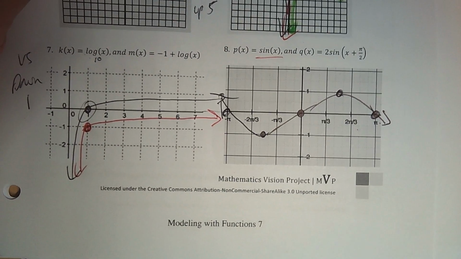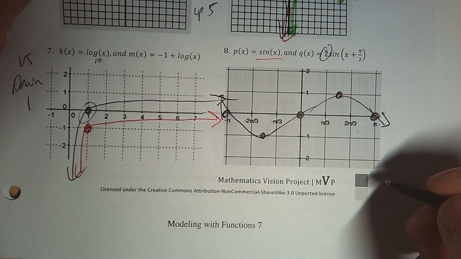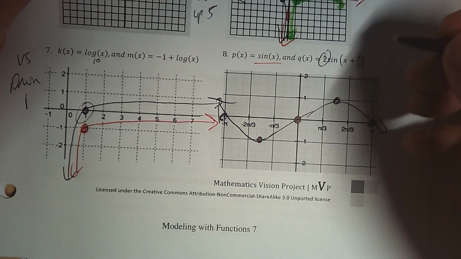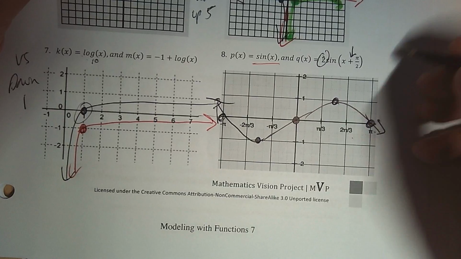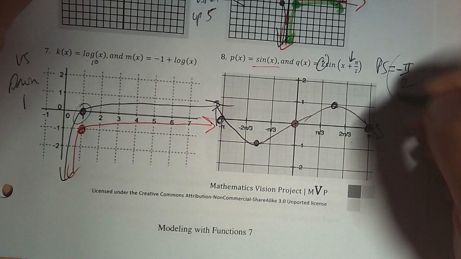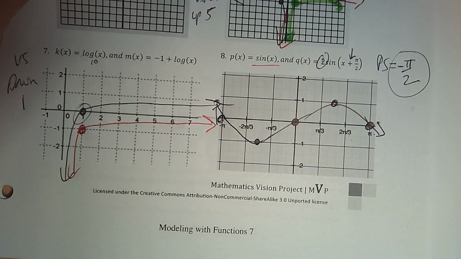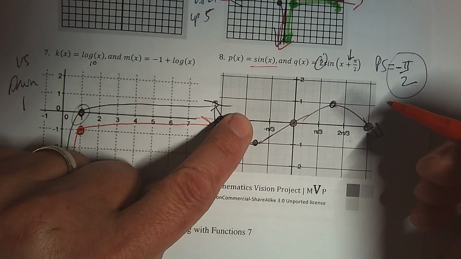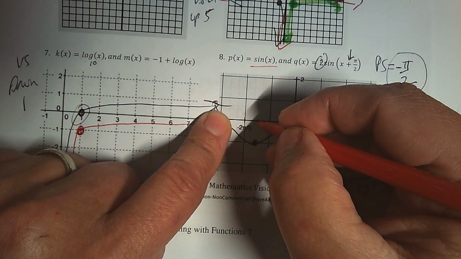What happens when you multiply it times 2? Well, all the y values have been multiplied times 2. What happens when you add pi over 2? Well, we know that's a phase shift, and it goes in the opposite direction. So when I graph this, I'm going to start at negative pi over 2, which is right in the middle, and it starts in the middle, right there.